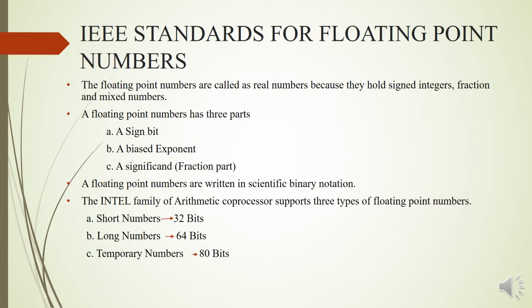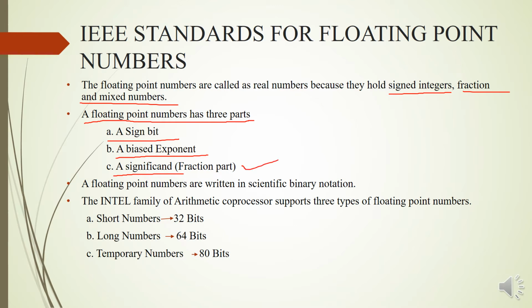Now we'll have a discussion on IEEE standards for floating point numbers. Floating point numbers are called real numbers because they hold signed integers, fractions and mixed numbers. A floating point number has 3 parts: a sign bit, a biased exponent, and a significand, which is also called the fractional part.